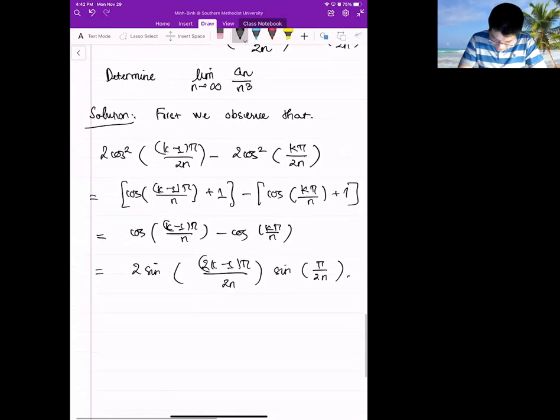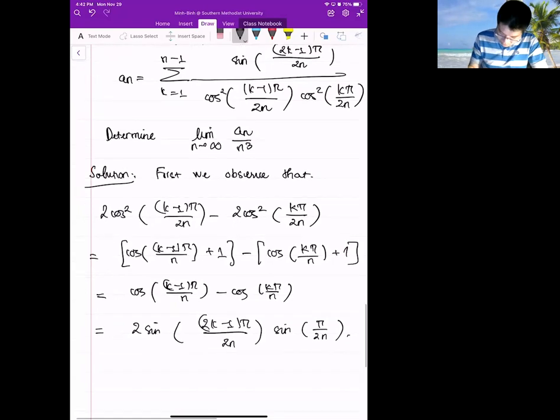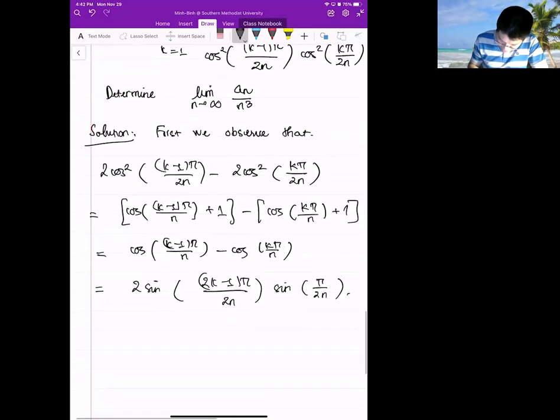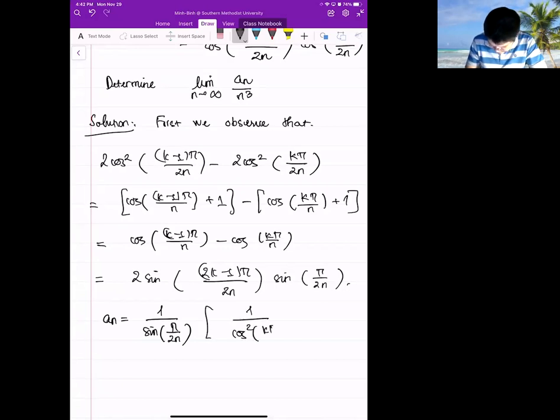So now this means that a_n will be 1 over sine of pi over 2n times the sum of 1 over cosine squared of (k minus 1) pi over 2n minus 1 over cosine squared of k pi over 2n.